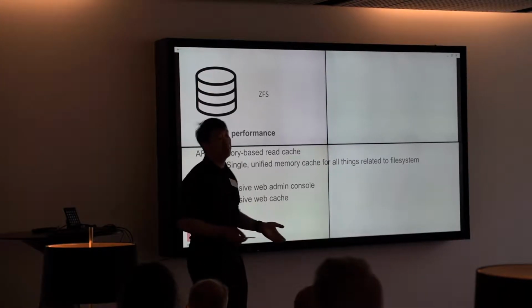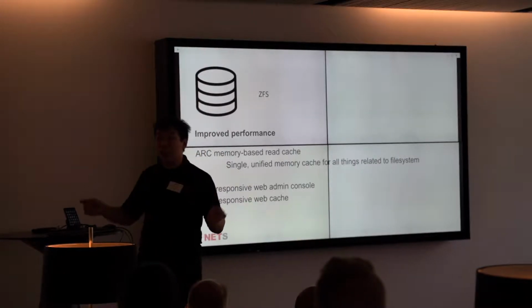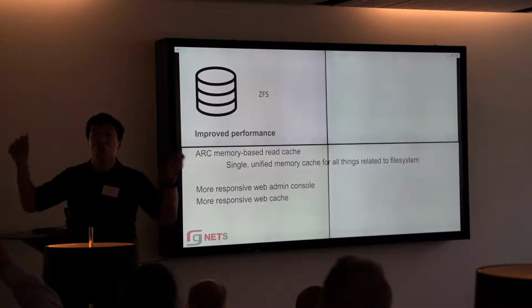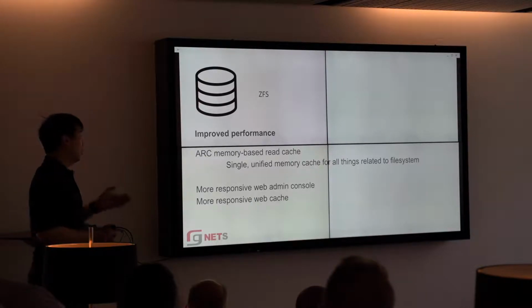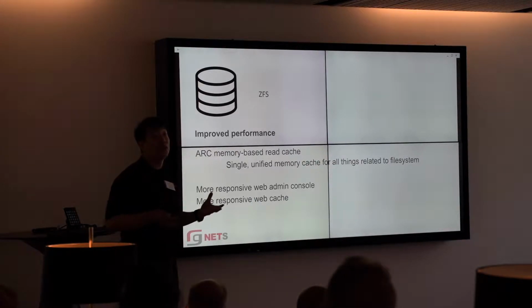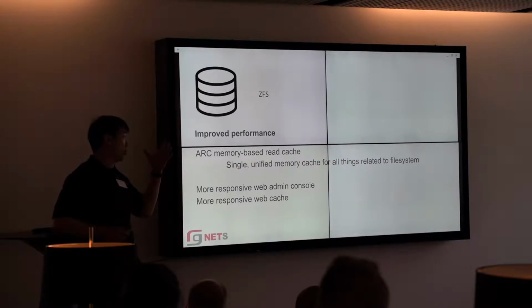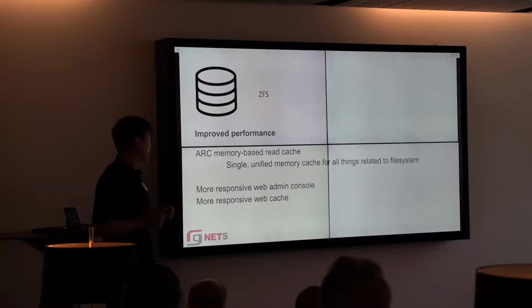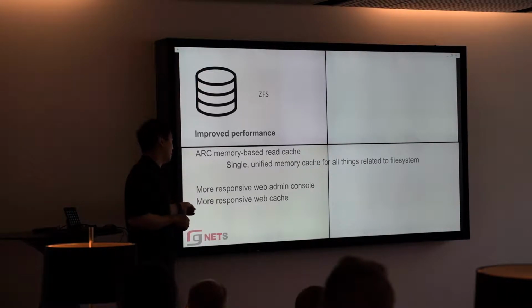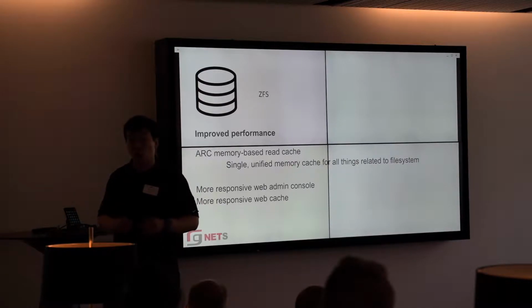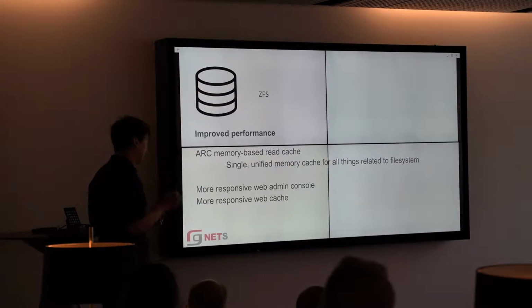Constantly I have people come to me asking, Simon, can I build a machine with 128 gigs of RAM and use that effectively? Well, we've come up with a few ways to use it more effectively. One of which is this ARC. In theory, things should go faster. You should get a more responsive console. You should get a more responsive squid cache on all the machines that you've got deployed.